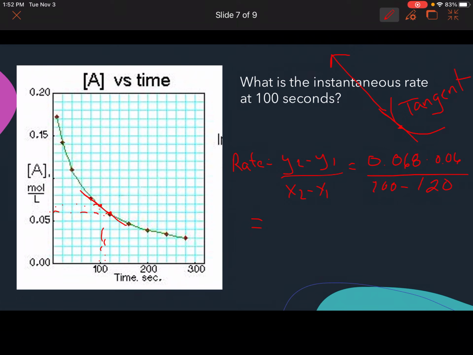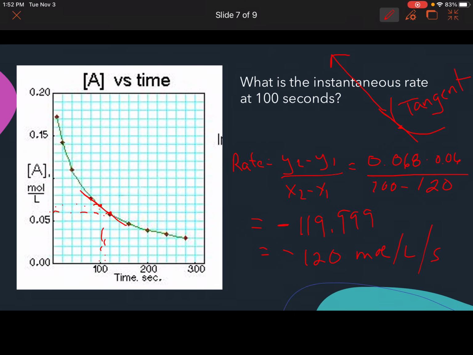So I've got 0.068 subtract 0.06 divided by 100 subtract 120, and so I'm going to get a negative rate of negative 119.999, so I'm going to just round that to negative 120 here. And my unit then is going to be moles per liter per second. Okay, so this is going to be my instantaneous rate at that particular time.